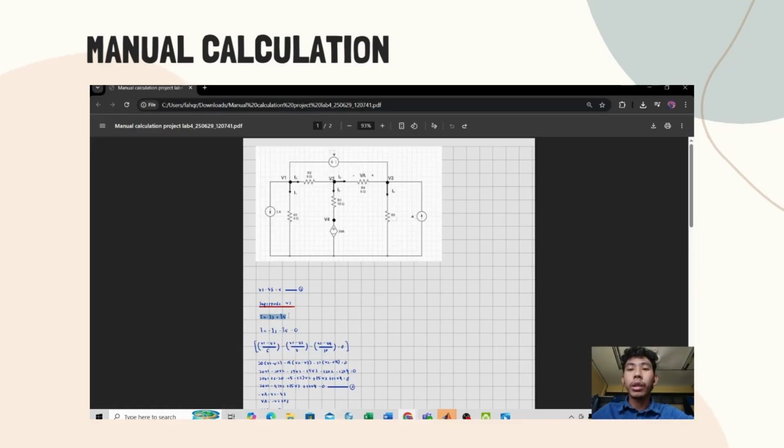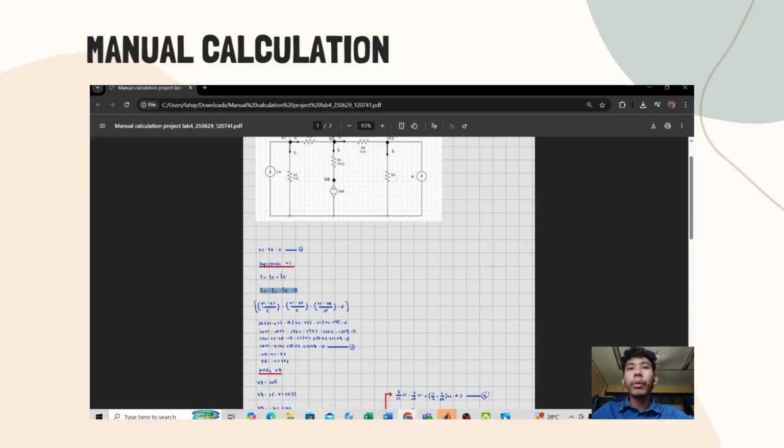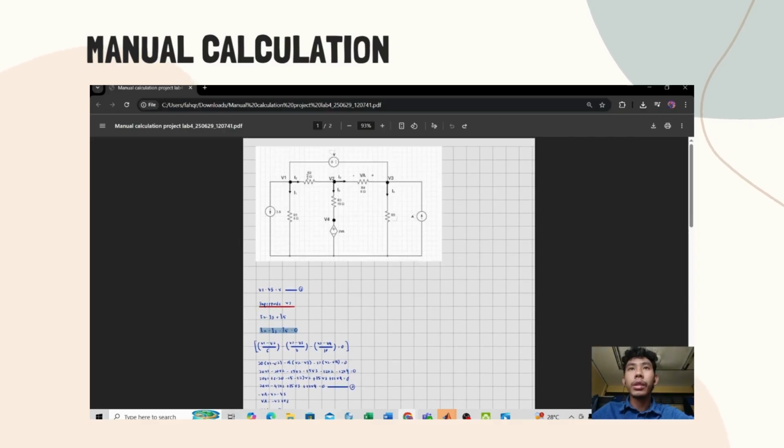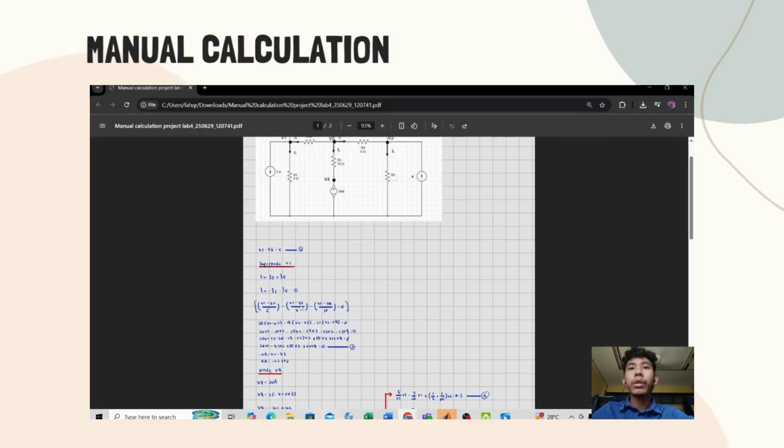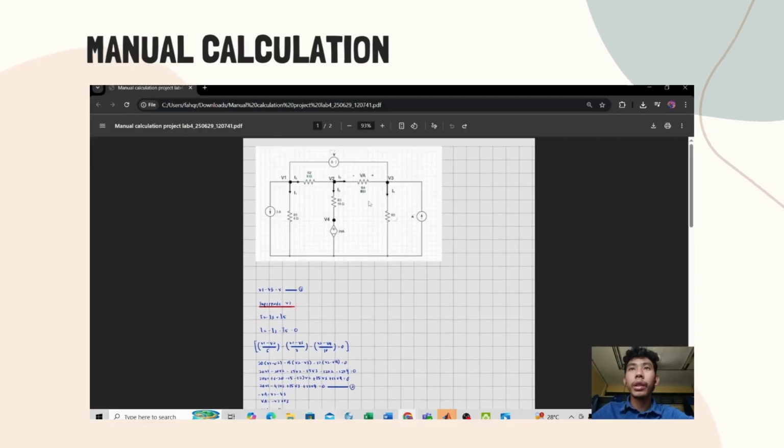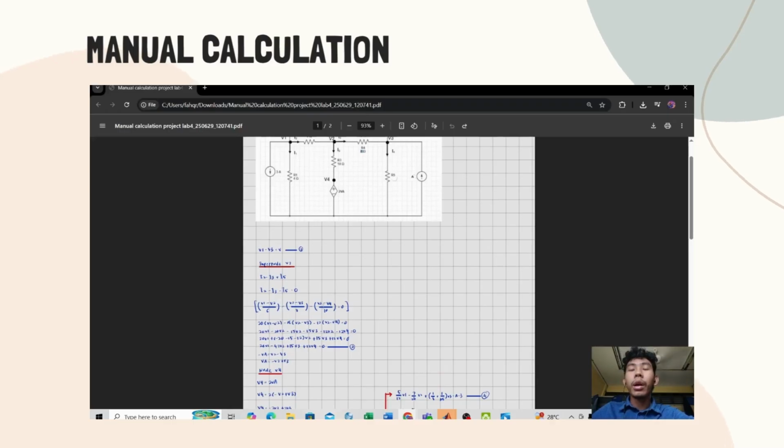Here is the equation, and then we rearrange it into the left hand side, and we get I2 minus I3 minus I5 equals 0. Then we apply Ohm's law and substitute I2 with (V1 minus V2) over 6, then minus (V2 minus V3) over 8, and (V2 minus V4) over 10, which equals 0.